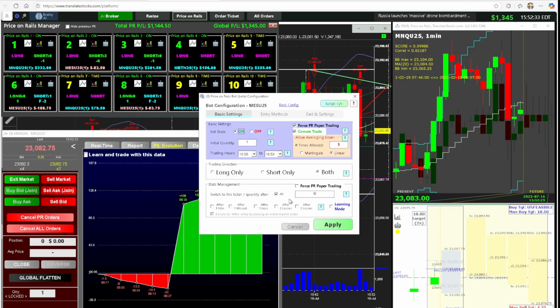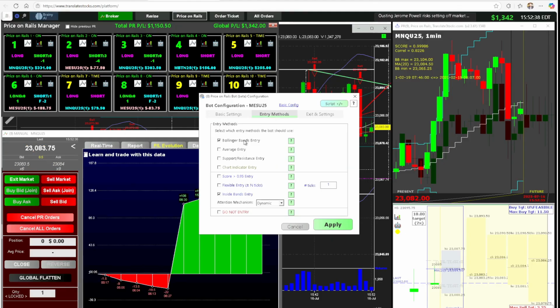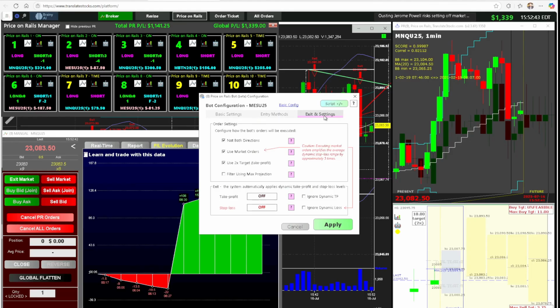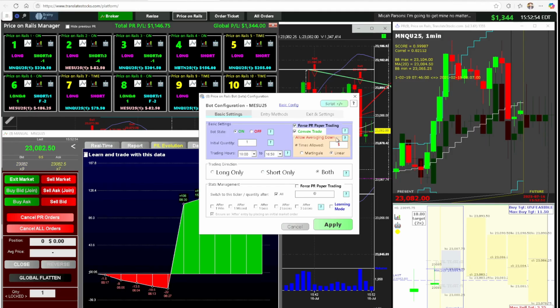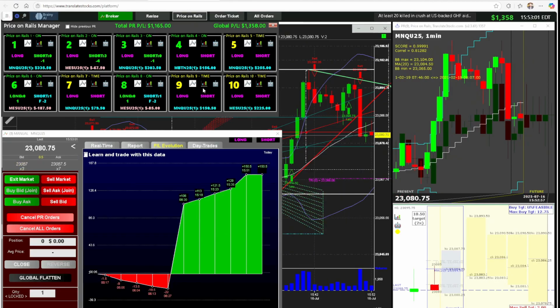Actually, it's trading with only one for the real trade. Entry methods is the default, and exit settings is using market orders. So that's why we don't have a lot of missed trades. It's using market orders. The only difference here is that we have the 5 linear averaging down, the trading hours, the convex trading, and the market orders.